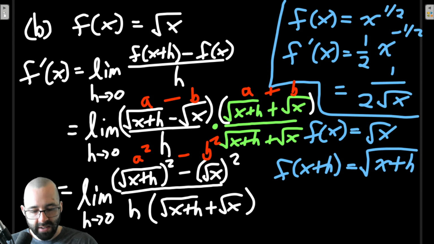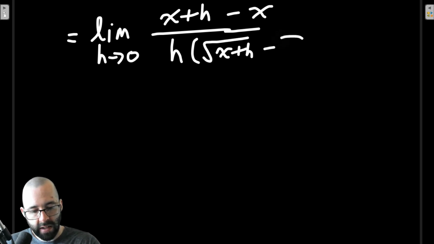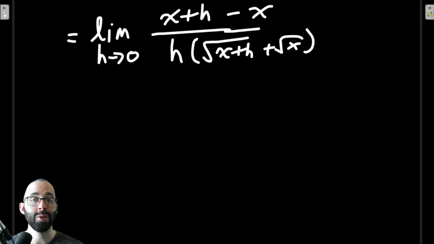And the denominator, let's not simplify the denominator. Let's just hold our breaths with the denominator real quick. h times those square roots. All right, it's a plus. Whew. The hard work is done.